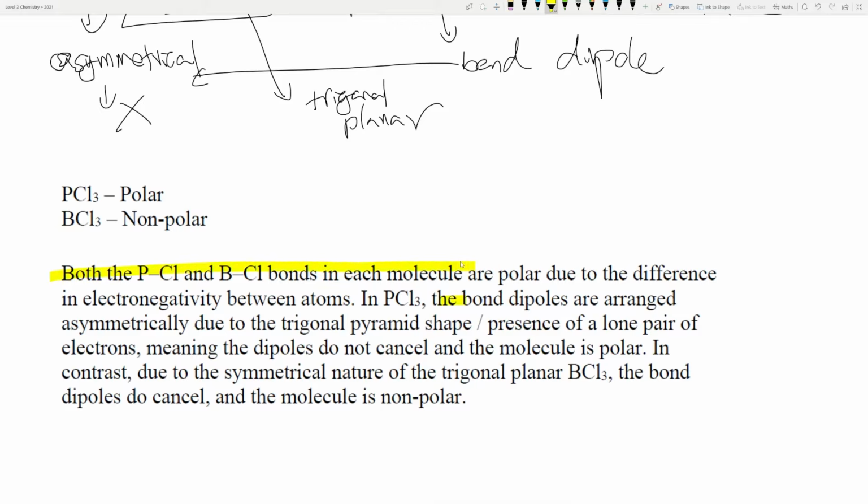You can't just say the shape is asymmetrical so the bond dipoles don't cancel out. Where did the bond dipoles come from? You need to explain what the bond dipoles are, and then explain that due to the trigonal pyramid shape, which is asymmetrical, they don't cancel out, whereas the other one will.